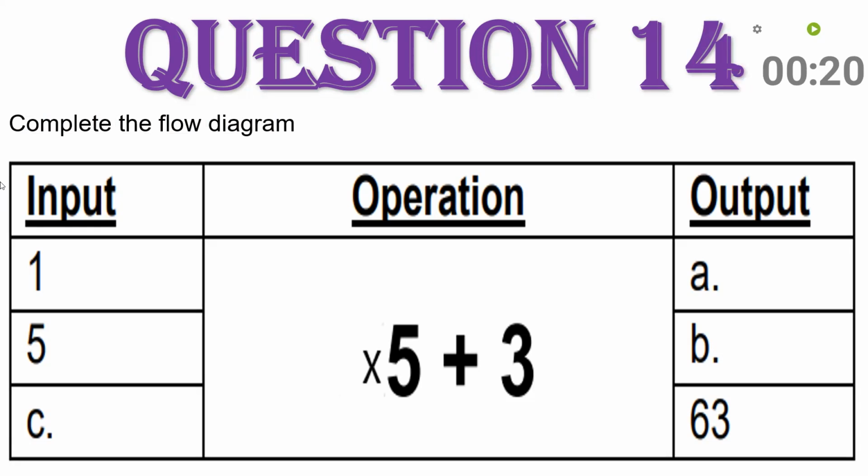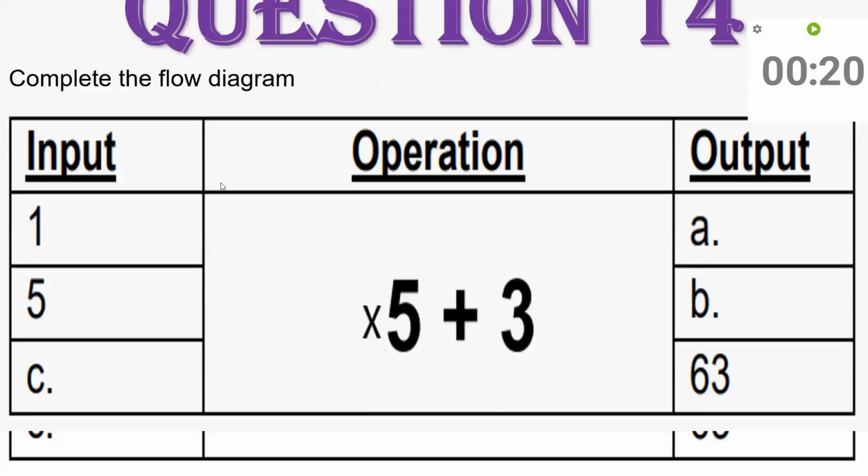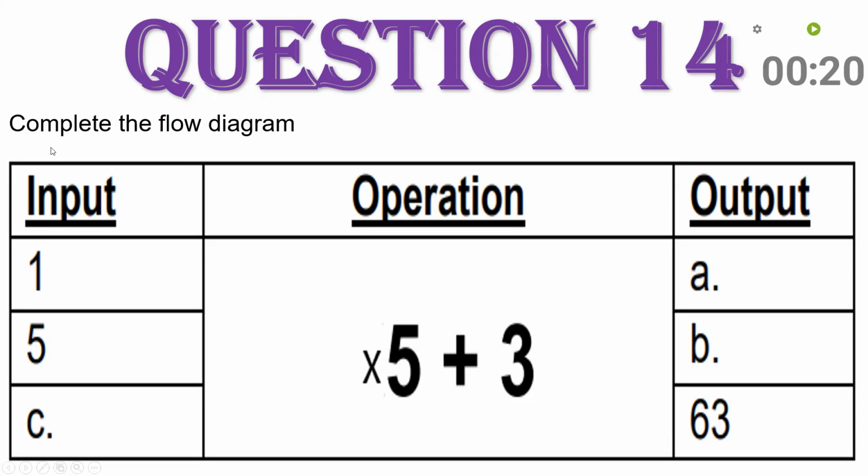Okay, so for number 1, first question, input is 1. So 1 is going to our operation, times by 5 and plus 3, okay?